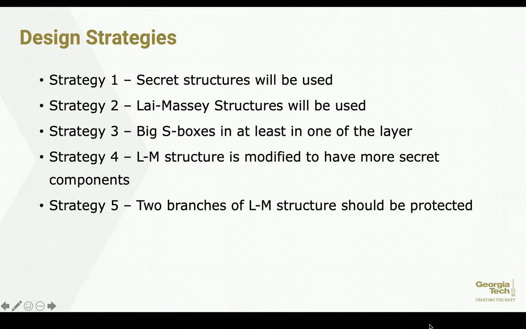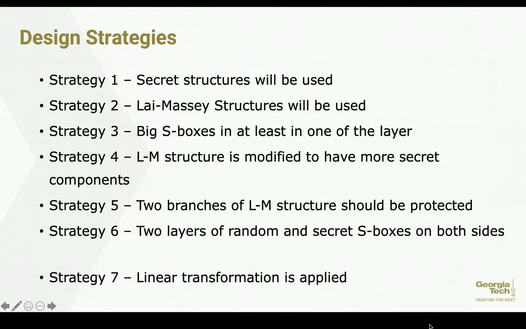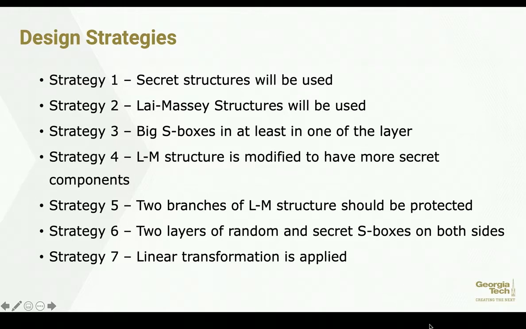The fifth one, two branches of LM structure should be protected. The sixth one, two layers of random and secret S-boxes on both sides of the LM structure are used. And the final one, linear transformation is applied. So these are the main design strategies kept in mind while designing this new encryption algorithm.